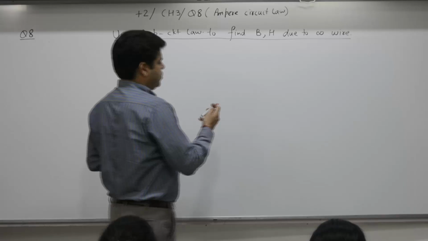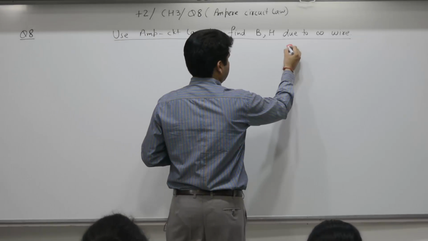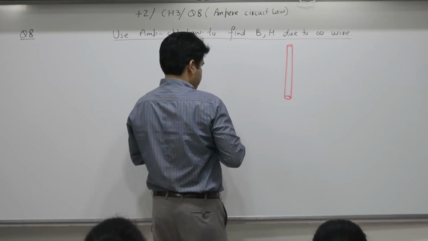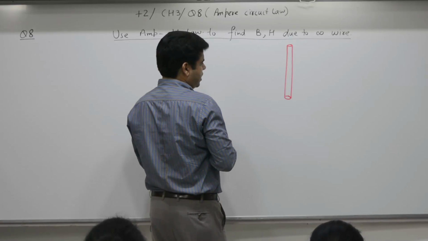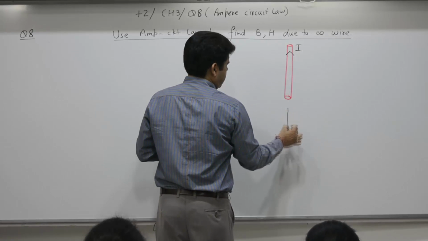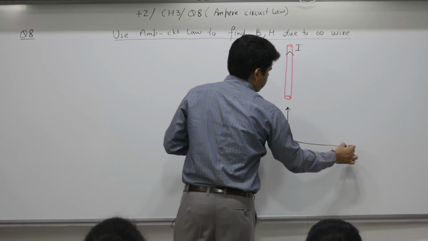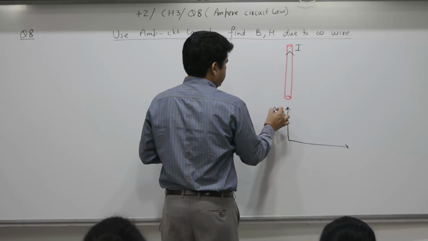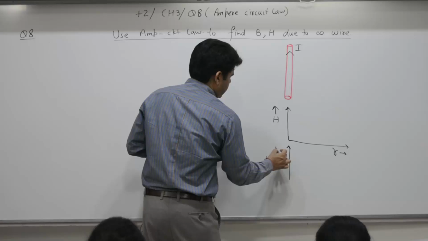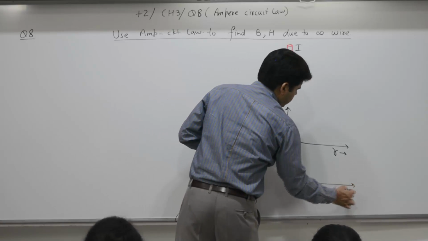So, a wire carries current I. Below this you will plot a graph: how H varies with R, how B varies with R outside the conductor.